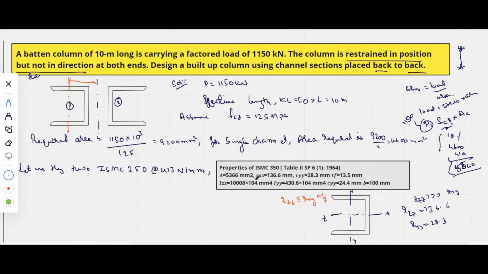Moment of inertia along z axis and moment of inertia along y axis, and centroid along y axis, and the width of flange, which is about 100 mm. So this is the data for IS MC 350.